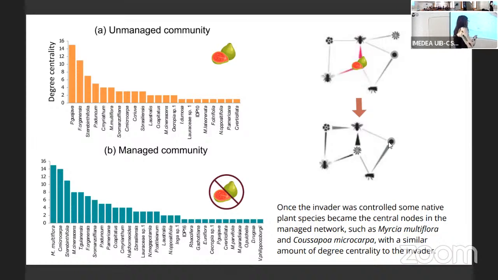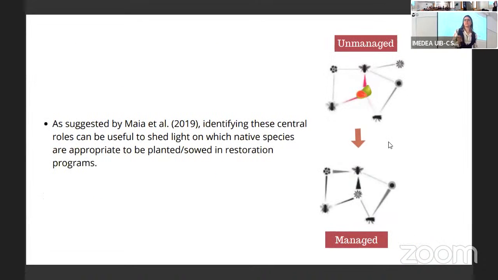So we have this situation changing to this situation. Some authors suggest that identifying the central roles can be useful to shed light on which native species are appropriate to be planted or sowed in restoration programs.